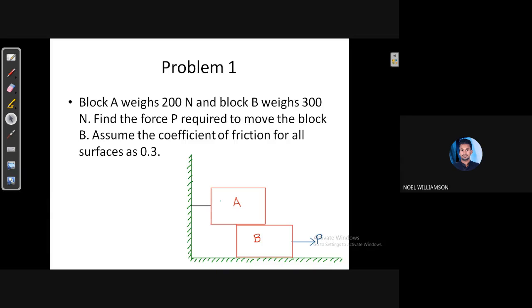Okay, so first of all, we will just consider the case of connected bodies. So today we will learn the problems with the connected bodies. So this is the first question. So please take down the question. Also, you have to draw this figure.